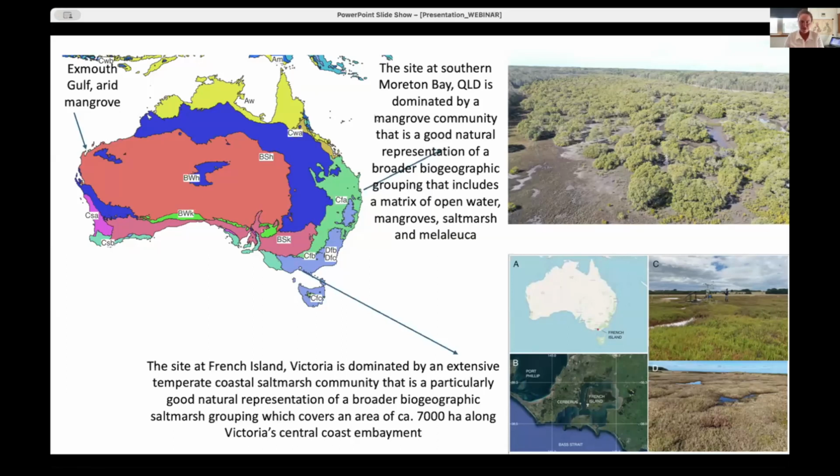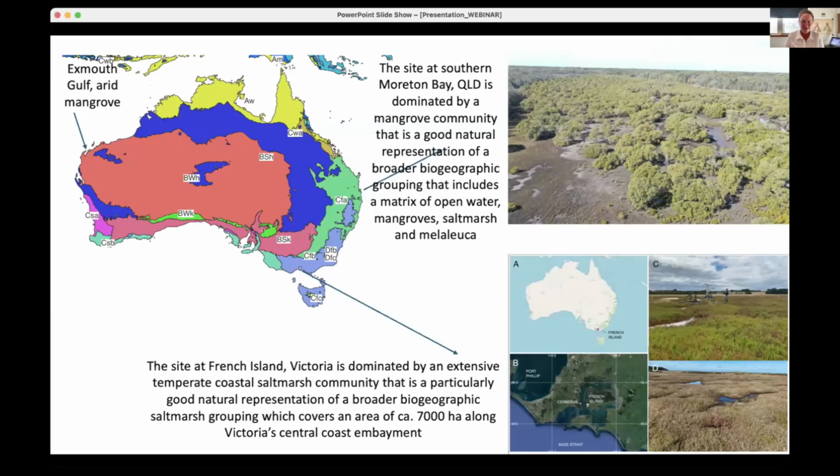What we have maybe representing more of Australia is our site in Moreton Bay, Southern Moreton Bay in Queensland, where we are working together with colleagues from Southern Cross University, mainly with Professor Brad Eyre, where they are measuring a few parameters, and we have, I don't know if you can see it here, an eddy covariance tower within mangroves.